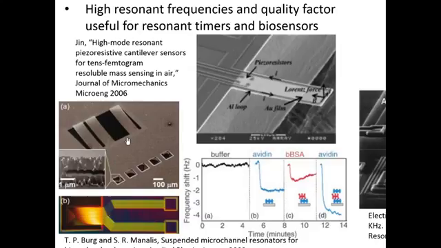In fact, you can get fancier, and you can functionalize the surface of these cantilevers. Functionalizing means if we want to detect protein A, and we don't want to detect protein B, we only want to detect protein A in a solution that might contain protein B and thousands of other proteins. What we can do is coat the cantilever with an antibody.